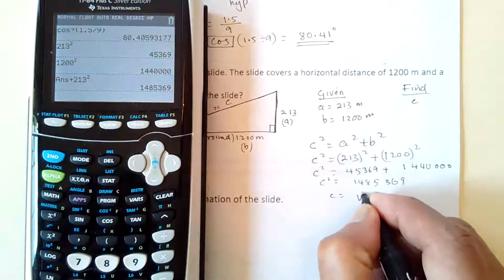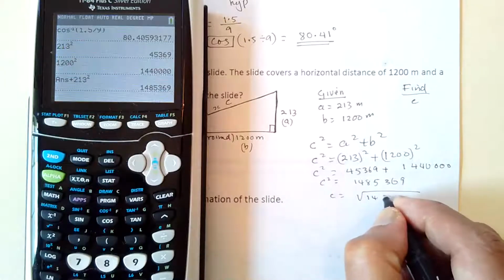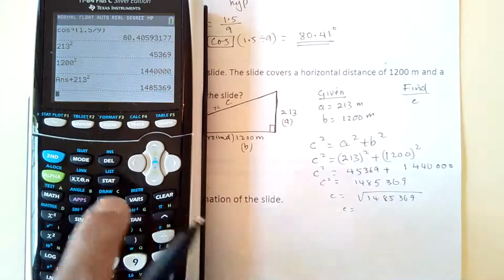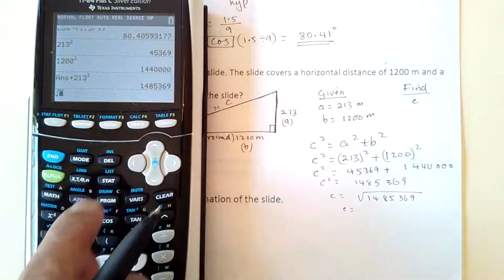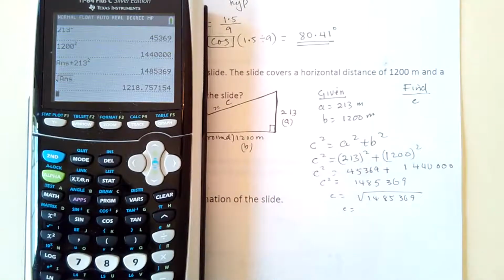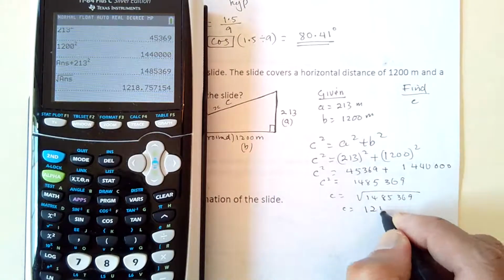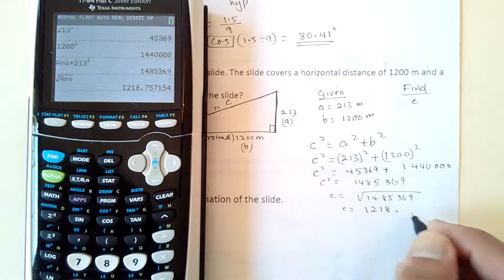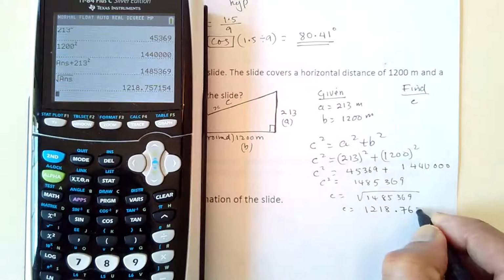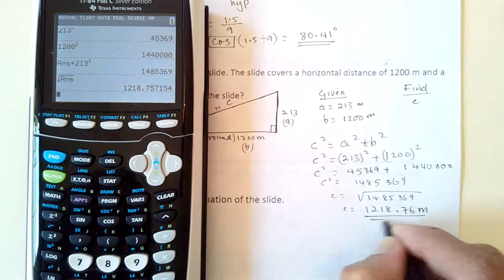So C is equal to the square root of that. So I'm going to hit my square root button and the answer is equal to 1,218.76 meters.